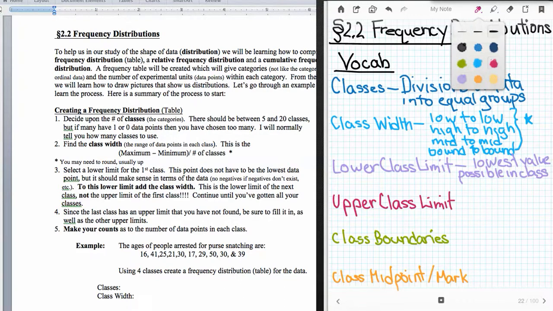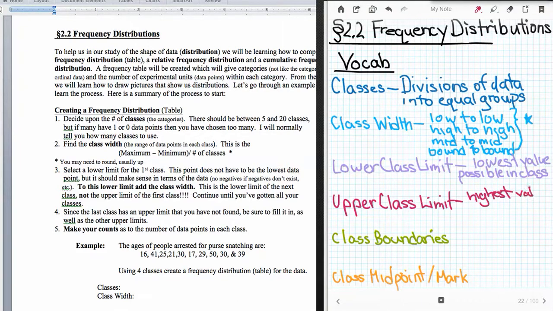Now, obviously, if that lower class limit is the lowest value possible, then you must be able to say, oh, then an upper class limit must be the highest value possible in a class. And if you said that to yourself before I ever said it, you were right. So this is the highest value possible, and I'm just going to abbreviate possible as POS, in a class. And so that would be our upper class limit.